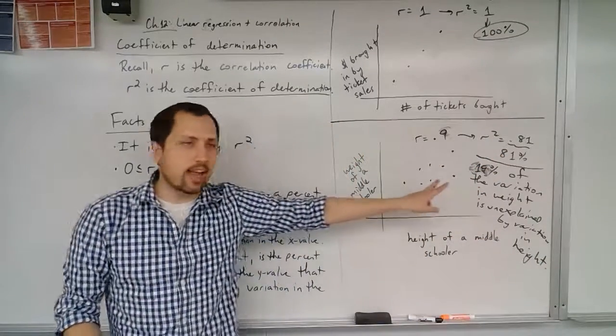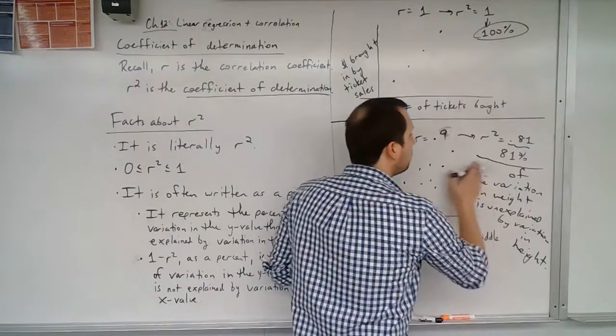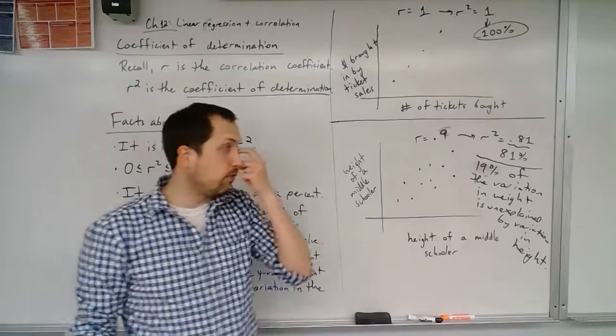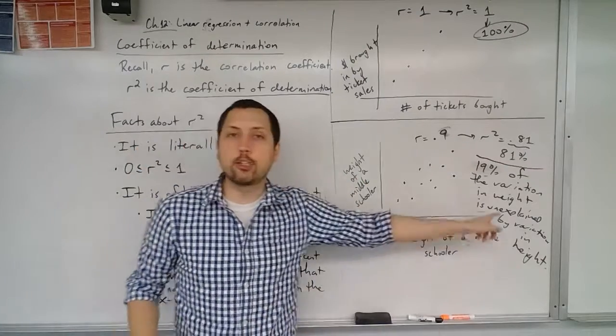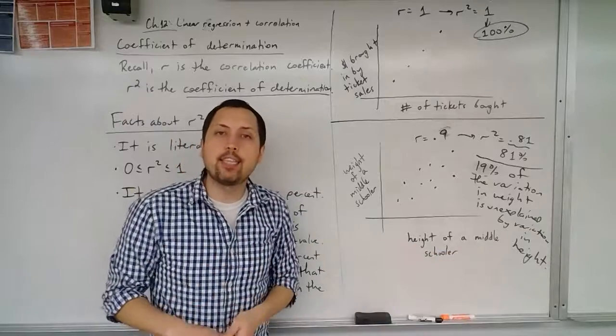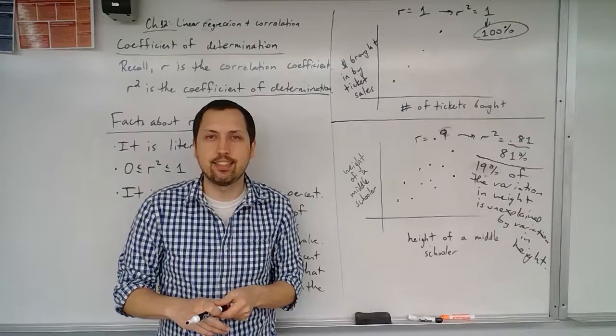So in this case, 1 minus r squared as a percent would be 19%. 19% of the variation of why we have different weights is unexplained. I don't know why. It's not because they're different heights, and that makes sense, right? There are a lot of other factors that are going to impact weight besides height.